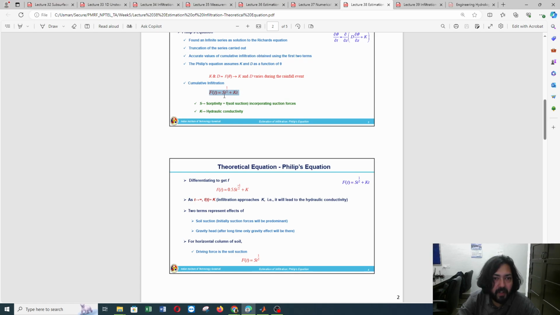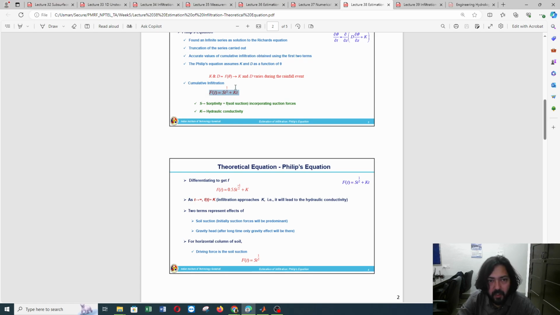First is S, known as sorptivity, which takes into account the suction force, the suction head we studied before, given by psi. The other term is hydraulic conductivity K, how much conductivity there is in the soil. So it takes those two things into account.